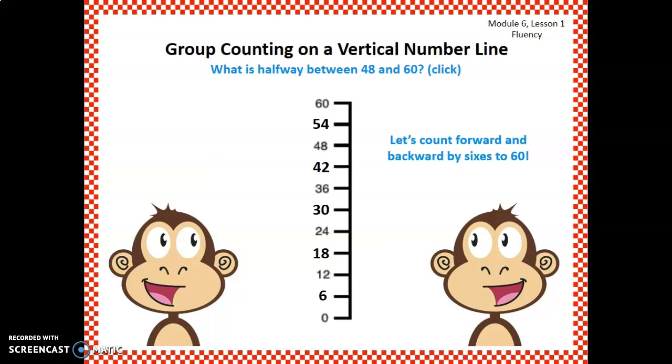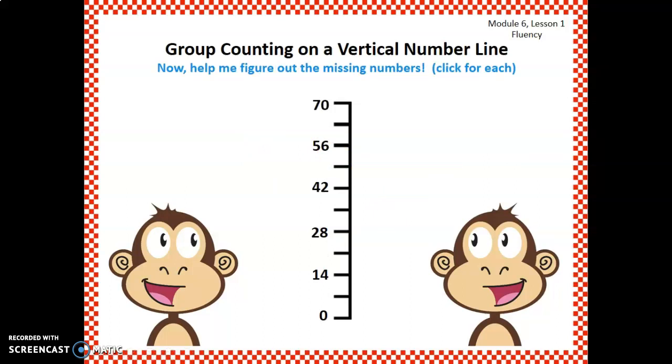Ready? 6, 12, 18, 24, 30, 36, 42, 48, 54, 60. And backwards. 60, 54, 48, 42, 36, 30, 24, 18, 12, and 6. How many of you figured out that we were counting by sixes on that number line?